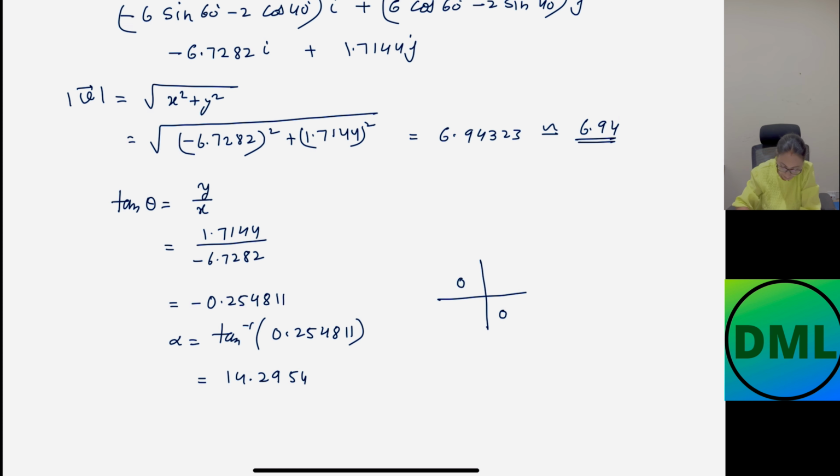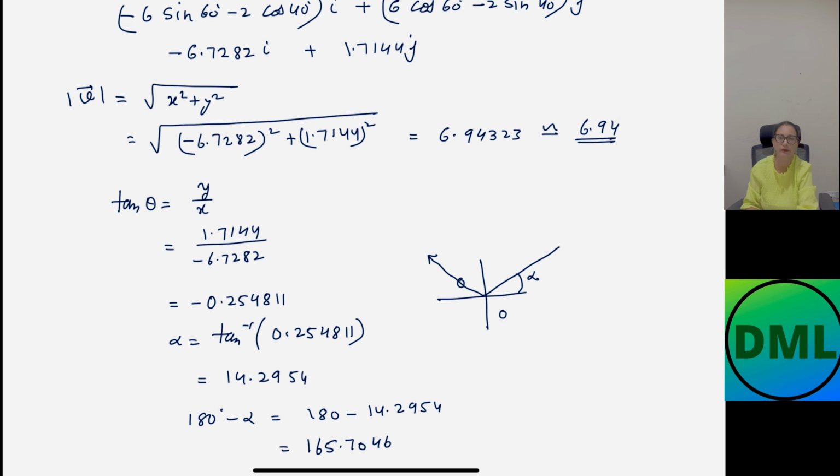This basic angle alpha lies here. I have to calculate the answer here in the second quadrant. This second quadrant answer will be given by 180 degree minus alpha. If you calculate 180 degree minus 14.2954, your answer will be equal to 165.7046. This will be your answer in this.